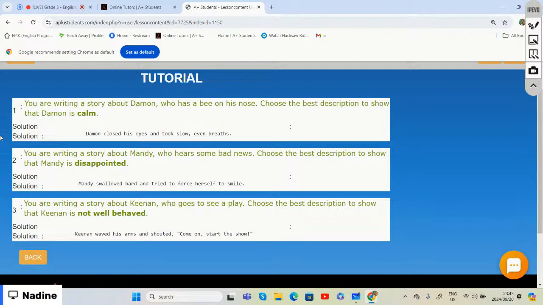Right? So to show that the person is bored and disappointed. If somebody feels that way, then it means that they're actually bored, they're disappointed.